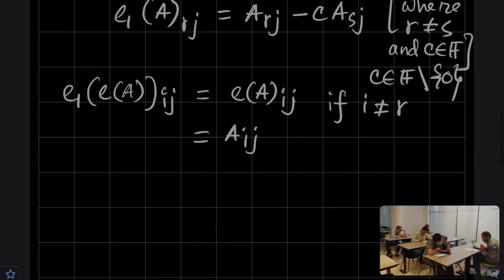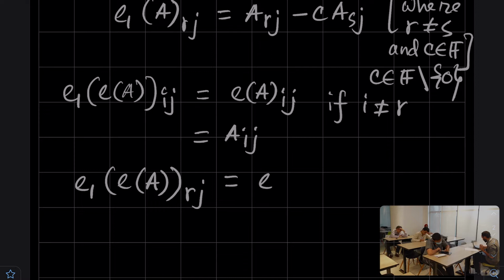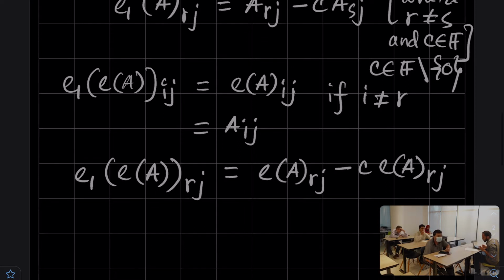And now let us consider E1 of E of A at rj. This is equals to E of Arj minus c E of Asj.